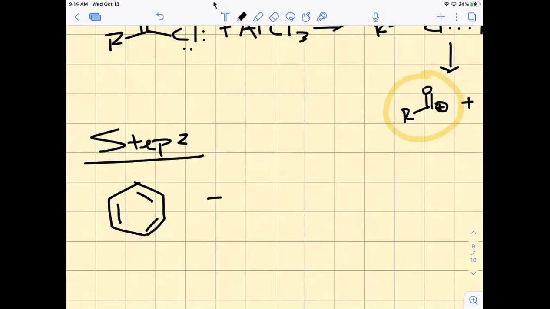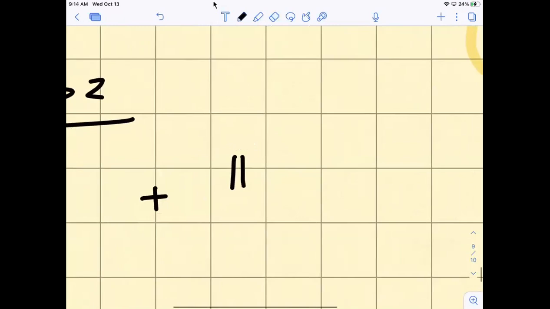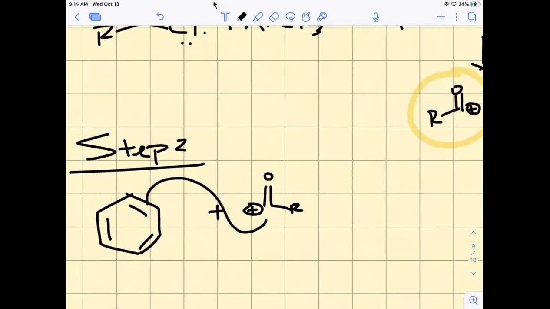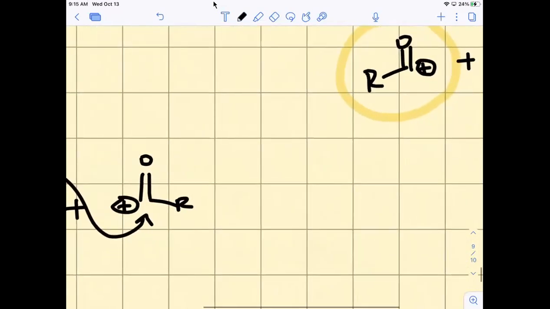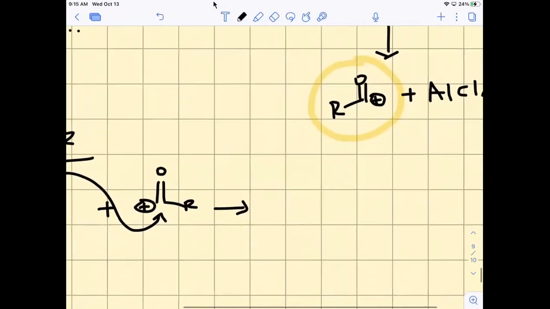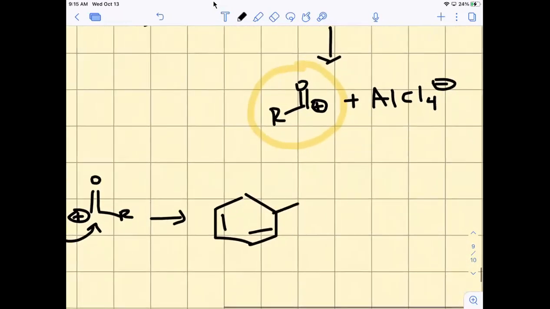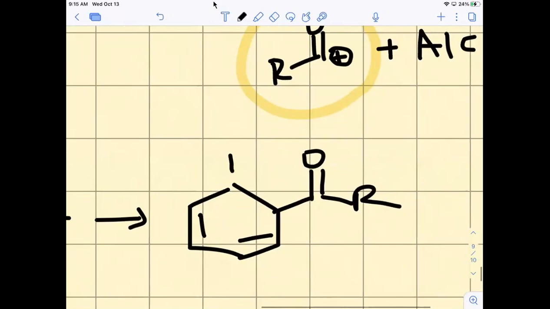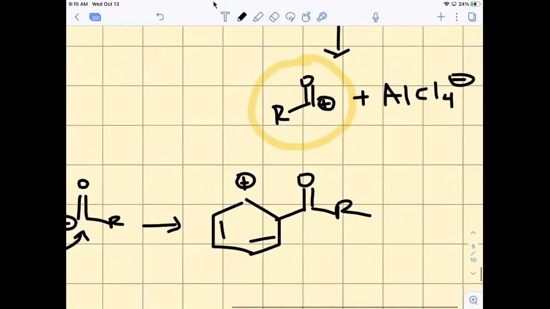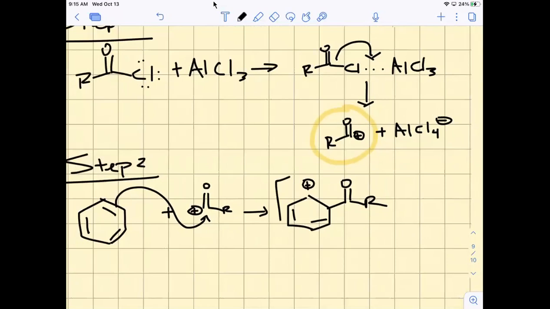So in the second step, I want to bring my activated electrophile down here. The ring is going to attack it. Now I have my arenium ion intermediate.